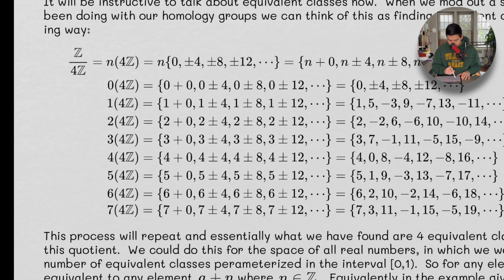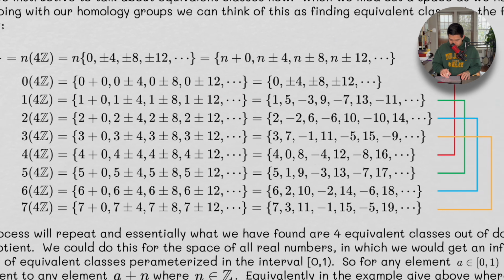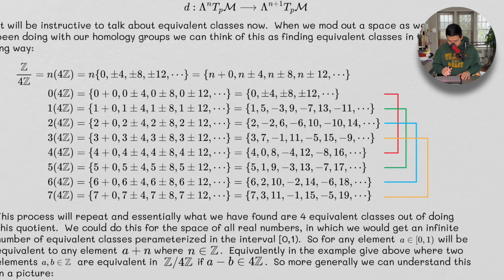For 1, 4Z, well, that's going to be this set. And then when we do all this addition and subtraction, we get 1 plus 0, that's 1. 1 plus 4 is 5, 1 minus 4 is minus 3, and we can do that so forth.